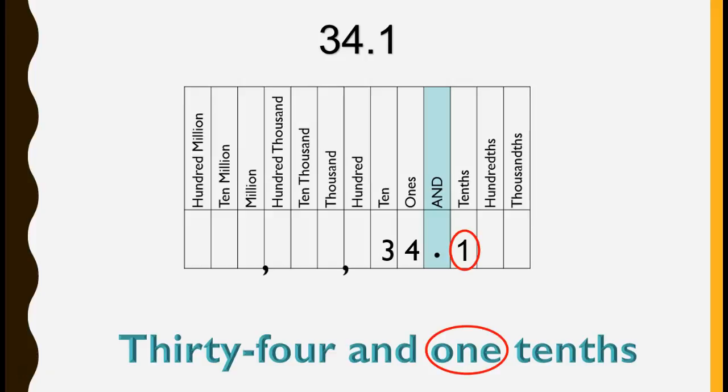This time it's 1. And then the very last word you're going to say is the place value that 1 lands on. Tenths. Okay? So again, this is 34 and 1/10. All right, let's try another one.